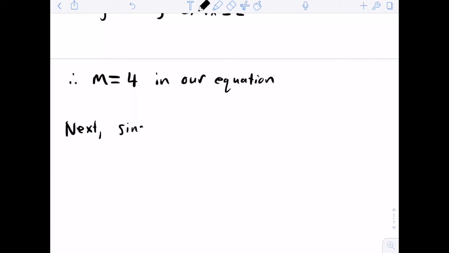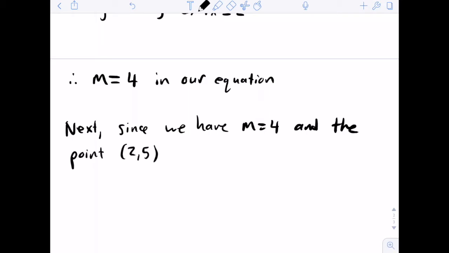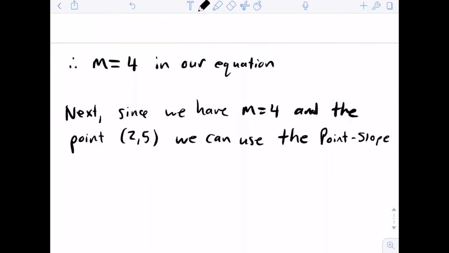Since we have m equals 4, and we were given the point (2, 5), we can use the point slope formula: y minus y naught is equal to m times x minus x naught.